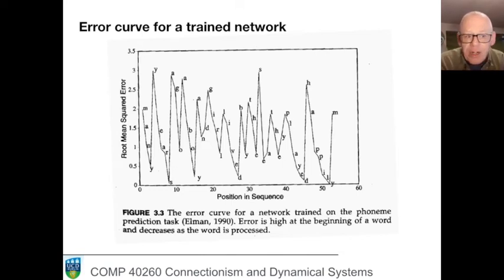So after the final Y of "many," it has no clue what to predict. And so you can see this characteristic error curve, which suggests that the network is responding sensitively to the sequential statistics of the training set, and thereby revealing things like word boundaries.